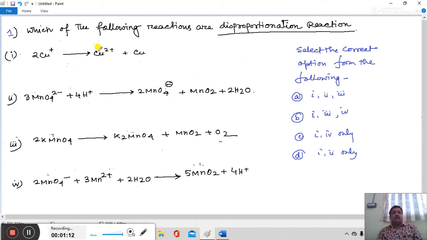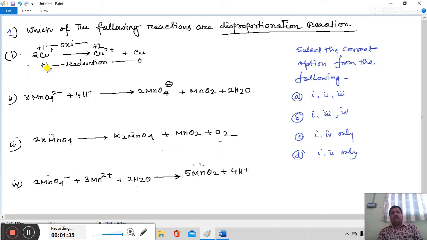To solve this question, in each equation, we see which atom undergoes oxidation and reduction simultaneously. In the first equation, the copper atom undergoes oxidation from +1 to +2 state, and the copper atom also undergoes reduction from +1 to 0 state.